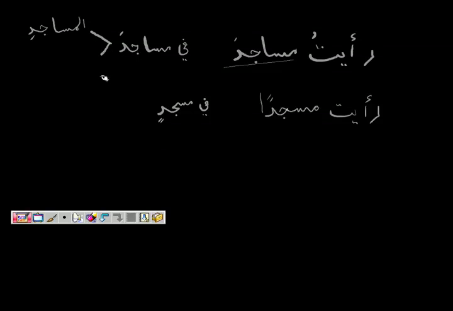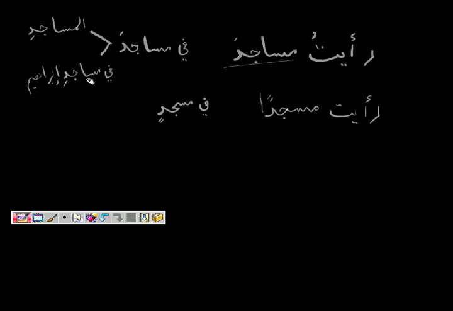The other instance is if it is mudaf, not mudaf ilayh, mudaf. Meaning if there is a possessive phrase, it's the first word in that possessive phrase. So for example, if I say fi masajidi Ibrahim, this means in the mosques of Ibrahim.